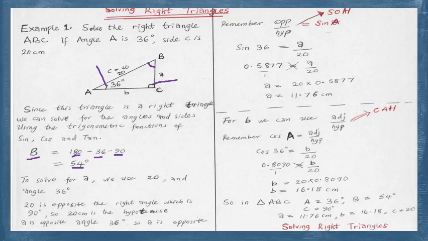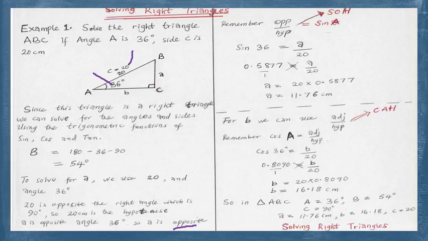To solve for side a, what do we do? We can use the 20 we have here and angle 36 degrees, since a is opposite angle 36. Side 20 is opposite the right angle, so it is our hypotenuse, and a is the opposite side of angle 36 degrees.